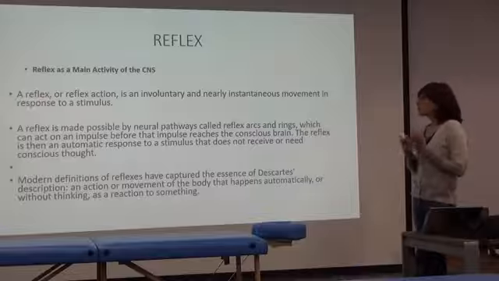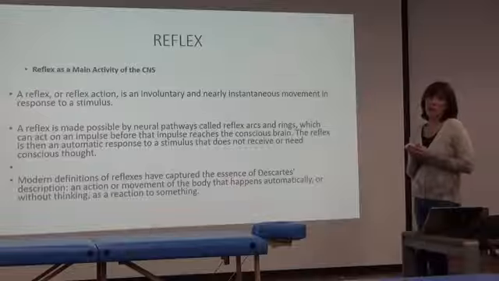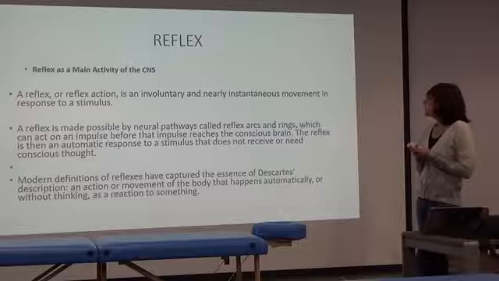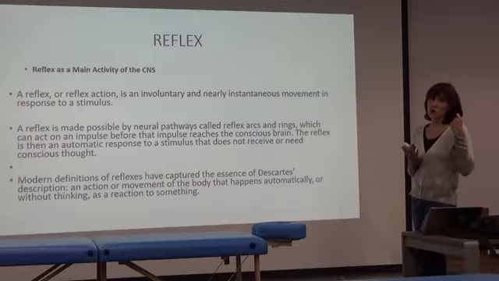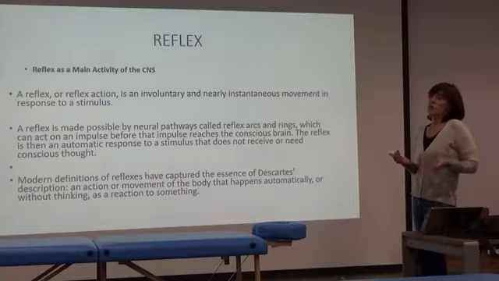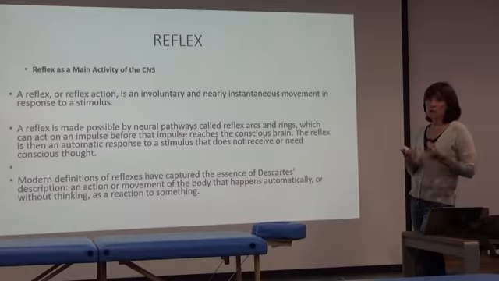It works by neural pathways, reflex arcs and reflex rings, which can act on an impulse before the impulse reaches the conscious mind. So again, this is the stimulus, and the central nervous system reacts before we realize that we get this stimulus.